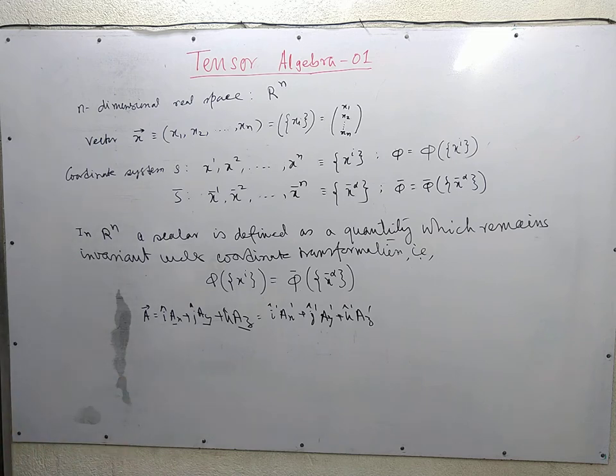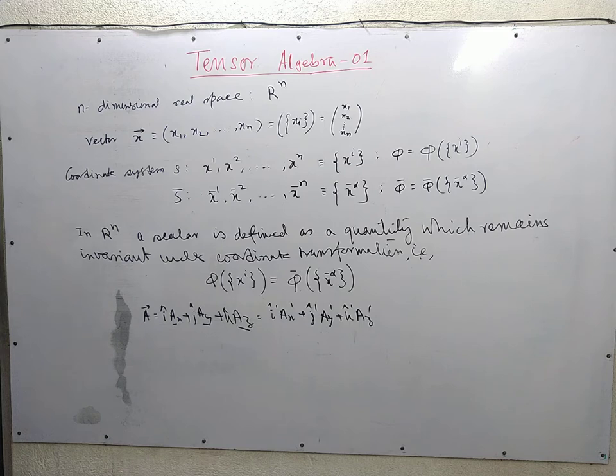So the components of a vector, strictly speaking, are not scalars. It is better to say that they are components of a vector. That is to say that the earlier definition of a vector and scalar has to be reformulated.